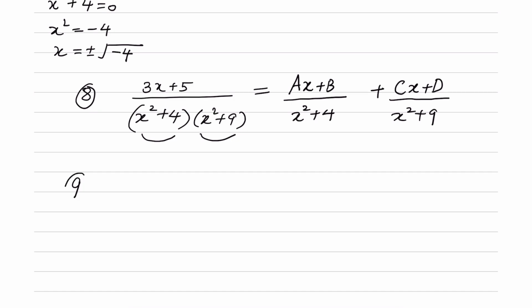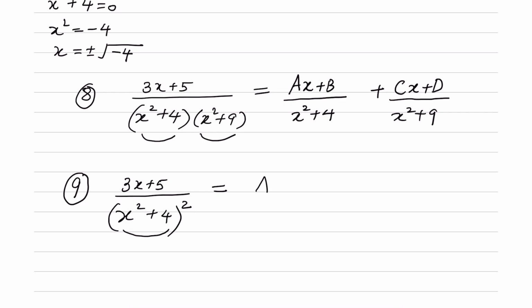Let's look at another rule, which is (3x + 5) divided by (x² + 4) whole square. Now we know that x² + 4, which is a 2 degree expression, cannot be factorized. So first we put its rule, for a 2 degree expression which cannot be factorized.